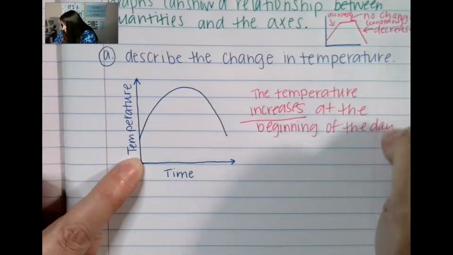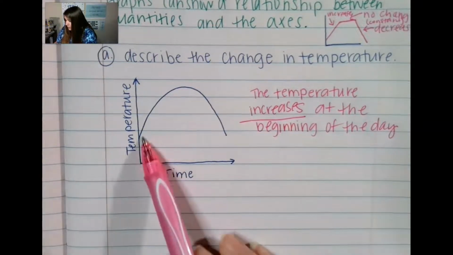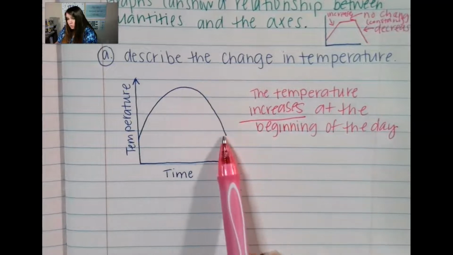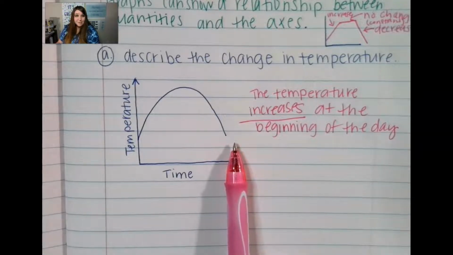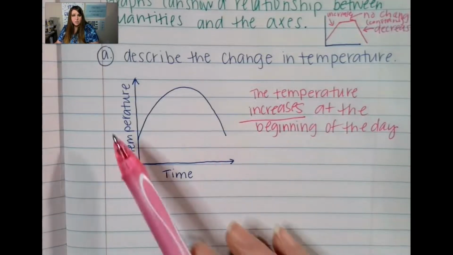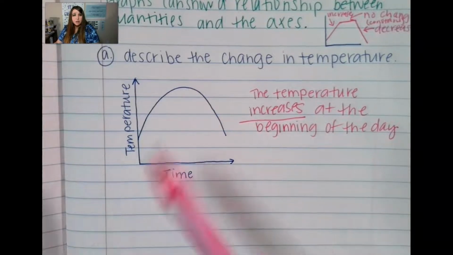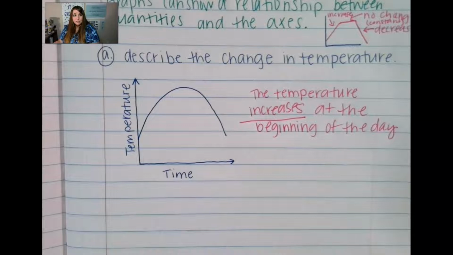And then what happens to the graph? Well, as the day goes on, the temperature starts to drop or decrease, as the day goes on, right? So it decreases once it reaches its maximum temperature. So it goes up and then it starts to decrease at a really fast rate.